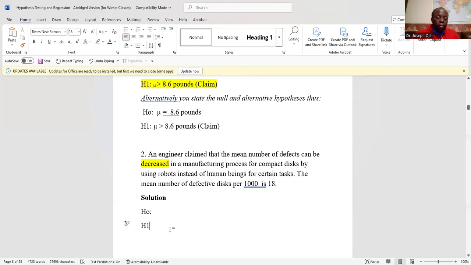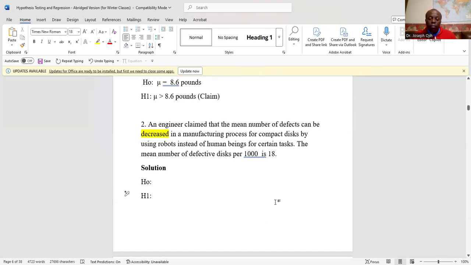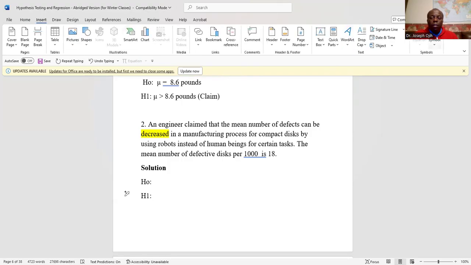Now H1. He told us that the mean number of defects can be decreased. Decrease means less than, and you can only use less than in the alternative. So we have mean less than 18. And that is the claim.